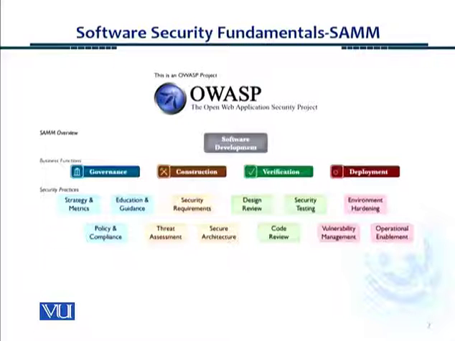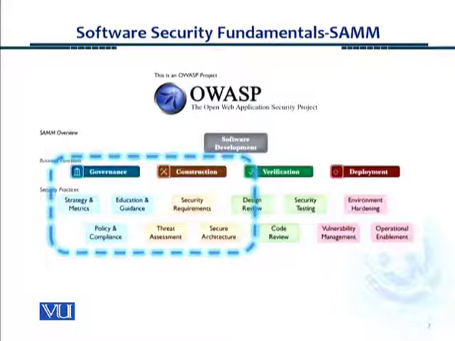If you look at the OWASP SAMM overview diagram which has been given in the document, it contains 4 business functions, and then there are 3 security practices for each business function. And this covers the entire software development lifecycle. We're going to talk about governance and construction first, and then later on, as I mentioned, we're going to talk about verification and deployment.